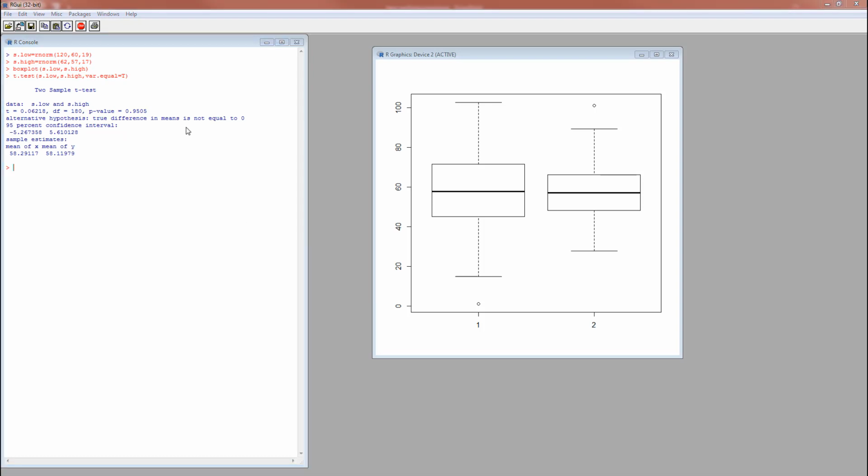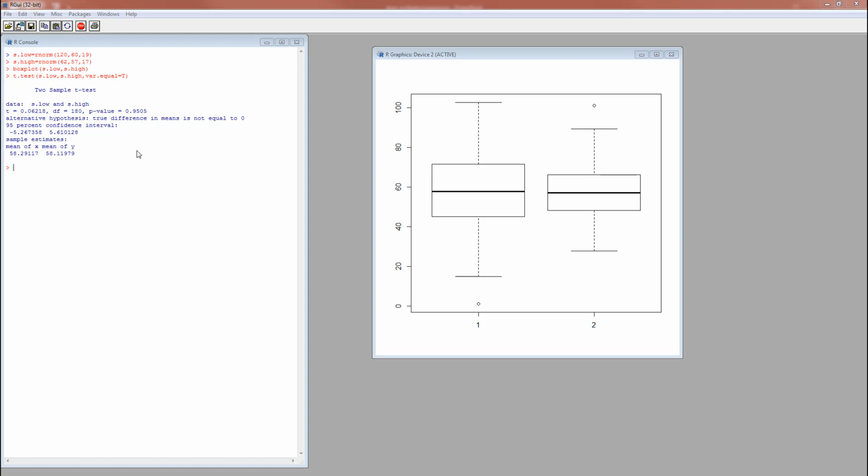The output of the test gives us a t-value of 0.062. The degrees of freedom were calculated by the sum of the 2 sample sizes, which gives us a total of 182, minus the number of groups, to give us a degrees of freedom of 180.